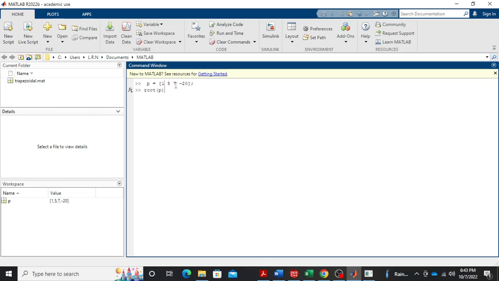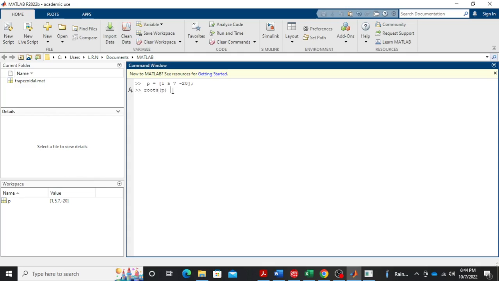If there is a zero coefficient, let's say we have x cubed, then 5x, you insert 0 here, because MATLAB represents polynomials in descending order. In this case, we have x cubed plus 5x squared plus 7x minus 20, so there's no need to insert 0, because the polynomial will have complete coefficients from x cubed down to x raised to 0, which is represented by negative 20.